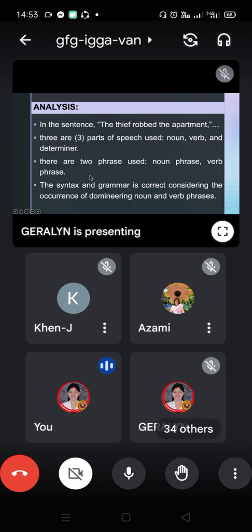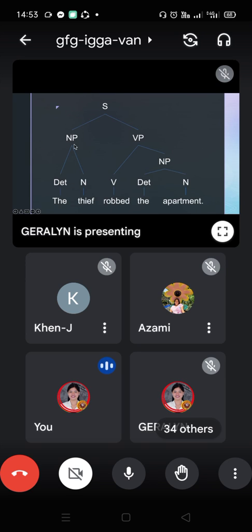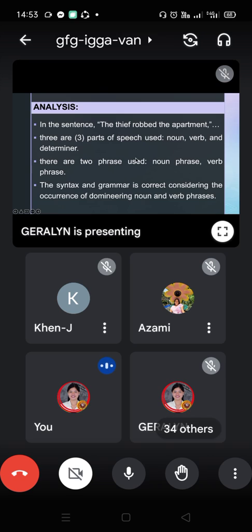There are also two phrases used, noun phrase and verb phrase. So in order daw nga mag-come up siya sentence, nagamit po siya og two phrases lang. Wala na siya laing gigamit na phrases, no prepositional phrase, only noun phrase and verb phrase. And lastly, the syntax and grammar is correct considering the occurrence of domineering noun and verb phrases.